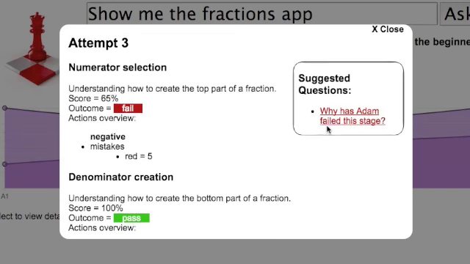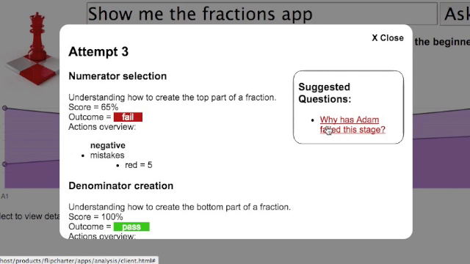The other part of the report that you may notice, towards the top right hand corner, is the suggested questions. These are questions that the Classroom Intelligence tool will suggest to a teacher or tutor to ask, which will result in access to additional information that may provide a better insight into the reasons why a student may be having difficulties in a particular part of a learning exercise.